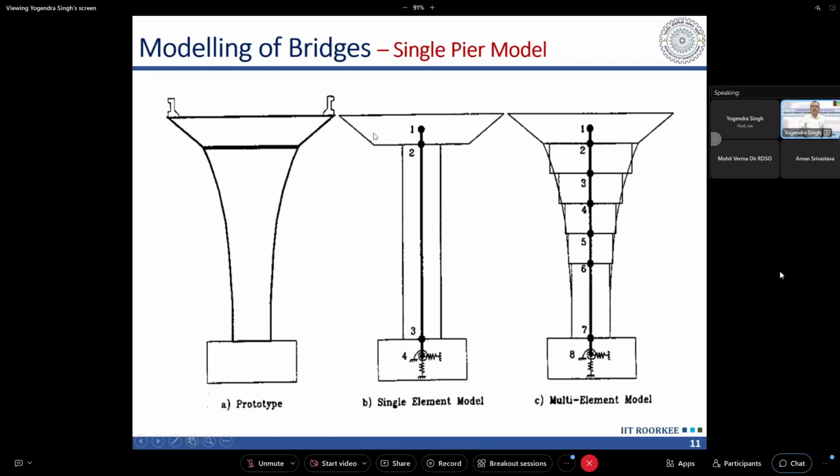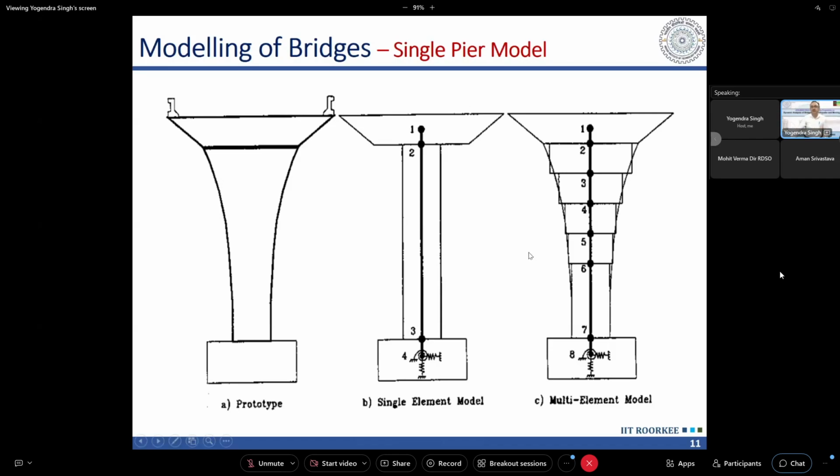For example, here point 1 is shown. This is showing the center of the pier cap. So the pier cap mass will be lumped here. But if we are lumping the superstructure mass to this, then the point of action of the superstructure mass in longitudinal and transverse directions will be different.